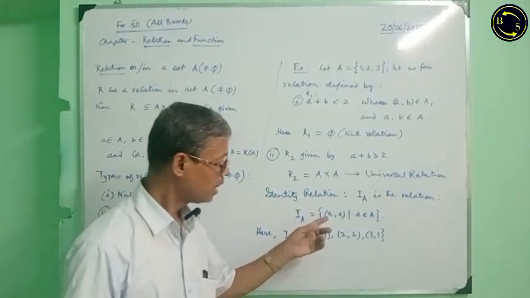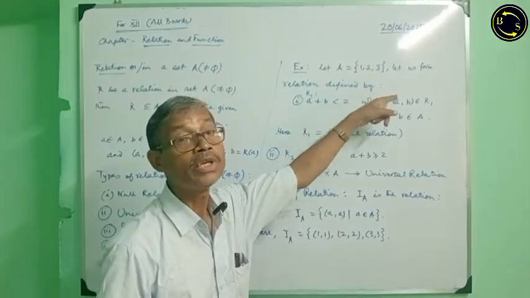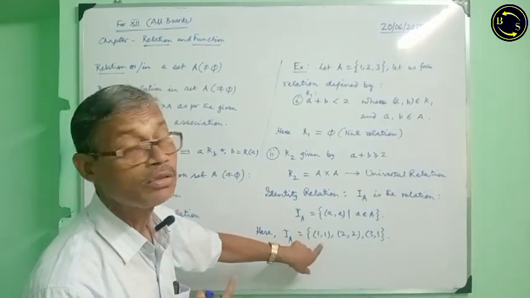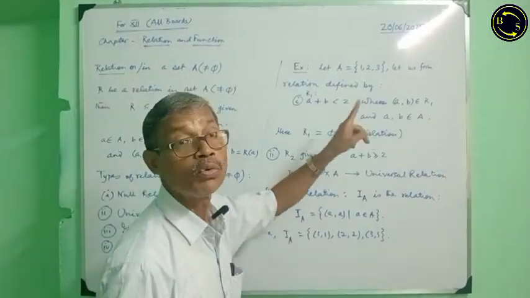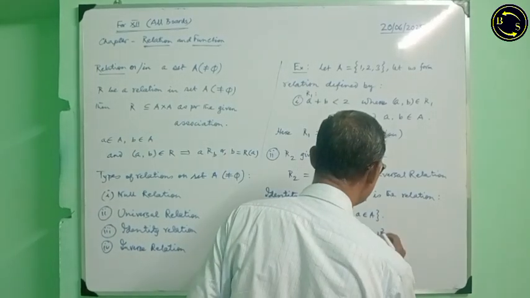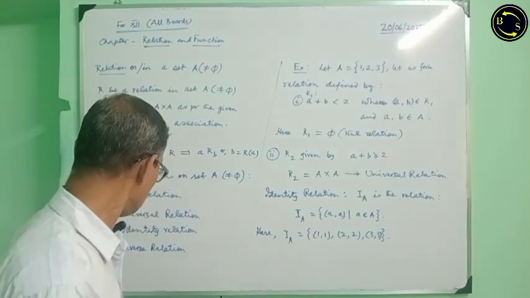You see, ordered pair (a, a), the members are 1, 2, 3. Therefore, the ordered pairs will be 1, 1 for 1, 2, 2 for 2, and 3, 3 for 3. This is the identity relation.